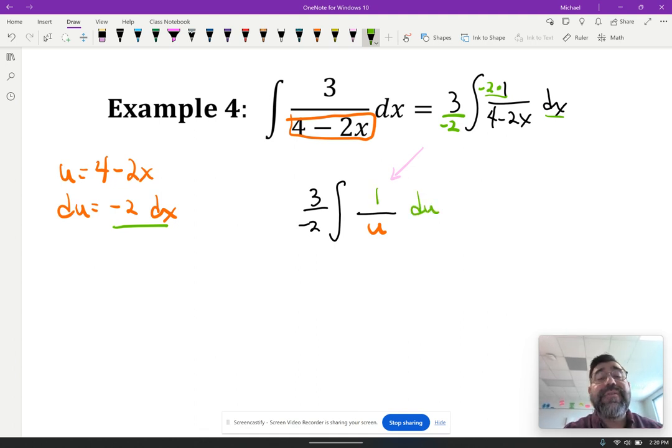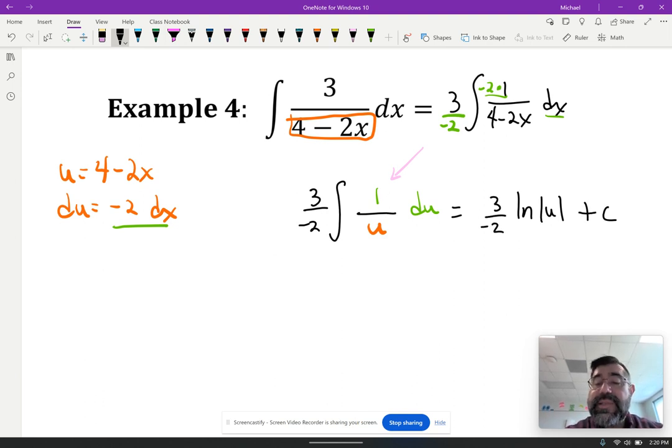Does that look like a familiar antiderivative that we can take? It was one of the 5 rules that Brian told you you have to know. Stone cold, you have to know these antiderivatives right away. This antiderivative would be the natural log of the absolute value of u, except I have a constant in front, and then plus c. Does that make sense?